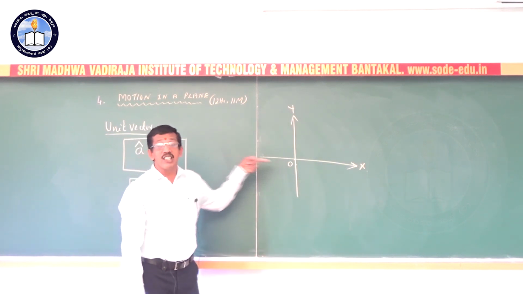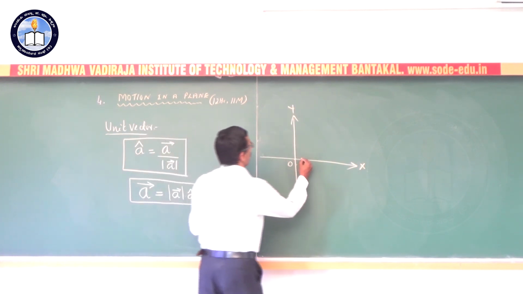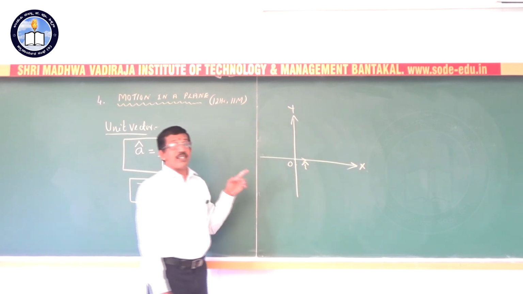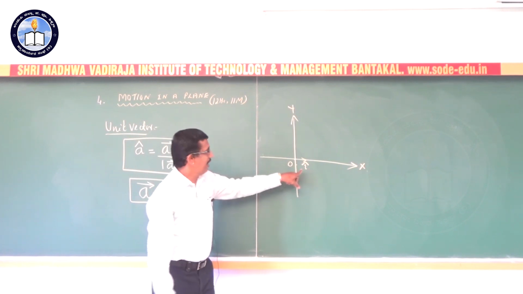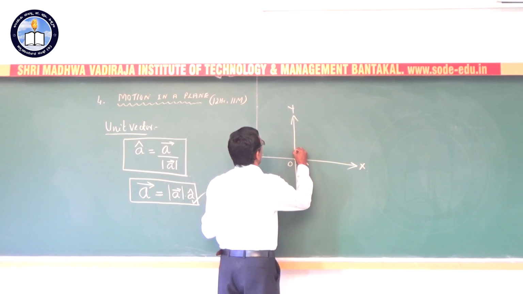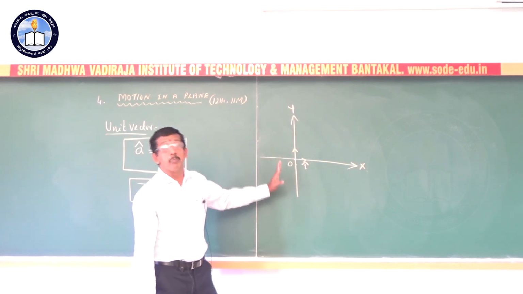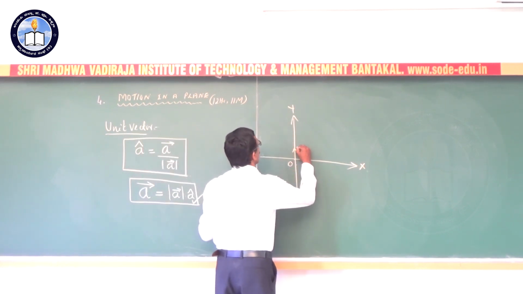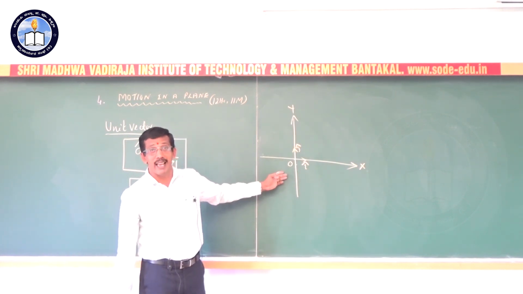Unit vector which specifies the direction of positive x-axis is represented by i cap. Similarly, unit vector which represents the direction of positive y-axis is j cap. This is in case of a plane.